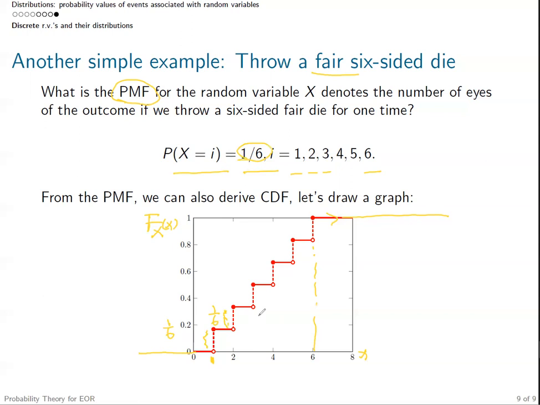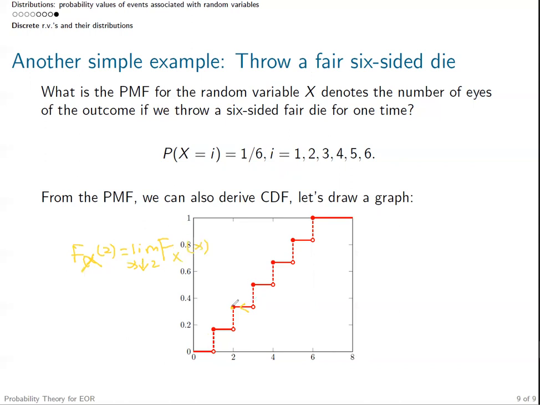And furthermore, if we look at those values, for example, the value at this point, indeed F_X(2) is equal to the limit of F_X(x) as small x decreases to 2, right?